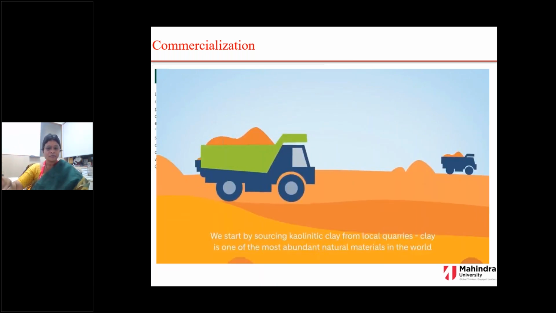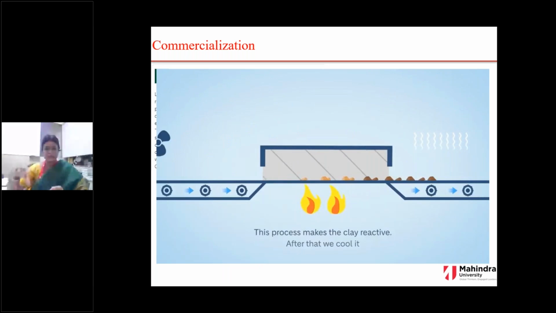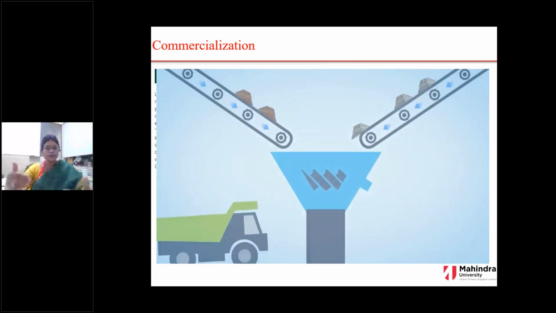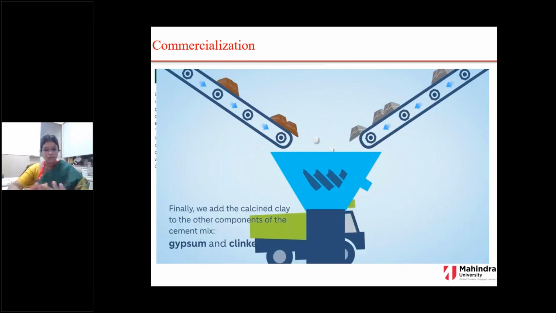We can start by sourcing the kaolinic clay from local sources. Calcined clay is very reactive, so we cool it, and then add the other components, that is the gypsum and the clinker, and then supply it. So this is how the production is.